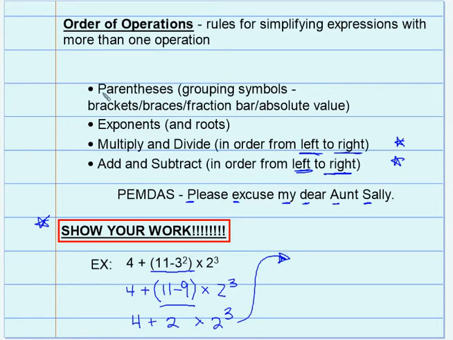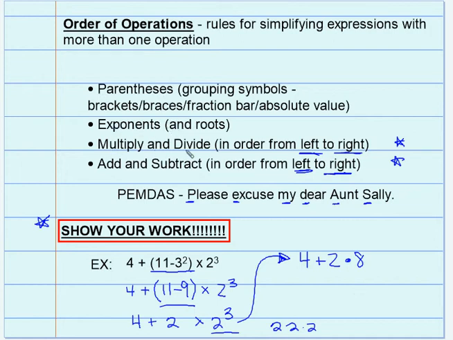Now I start over. Do I have parentheses? No. Do I have exponents and roots? Yes. I need to simplify this first. So I have 4 plus 2 times, what is 2 cubed? 2 cubed is 2 times 2 times 2. 2, 4, 8. Okay, starting up at the top again. Do I have parentheses? No. Do I have exponents?